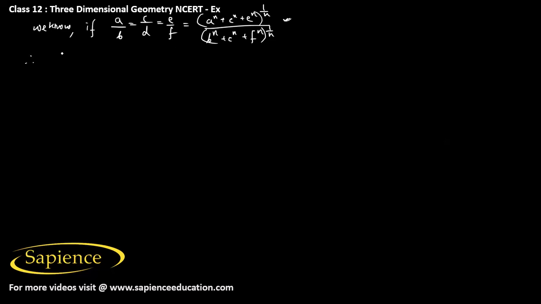So therefore, if we apply in this case, l by P equals m by Q, that is equal to n by R, then that will also be equal to, if we take n equal to 2, (a square plus c square plus e square) whole power 1 by 2, square root of that divided by square root of b square plus d square plus f square.